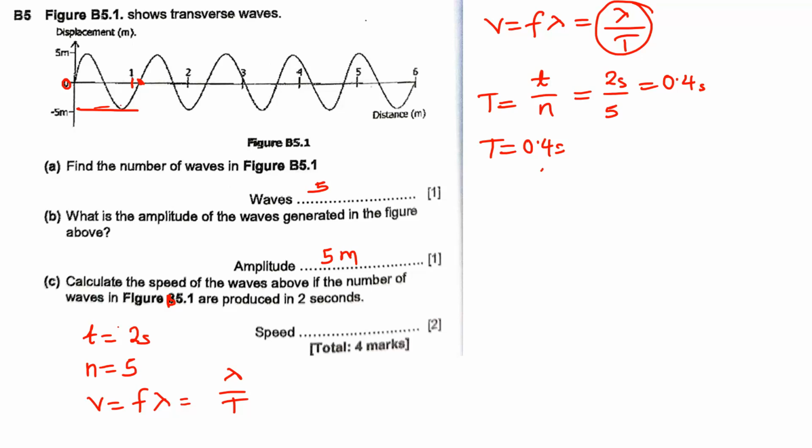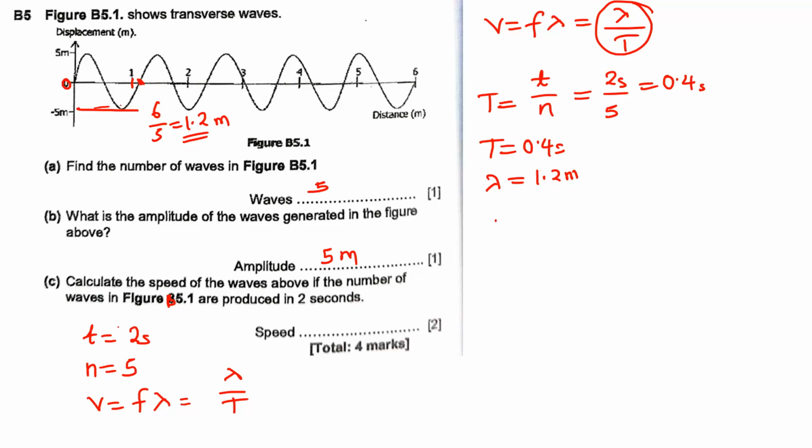So the easy way to find the wavelength here, you count how many waves are there. We said 5. And the total distance for 5 waves is 6. So you just say 6 divided by 5. This should give us 1.2 meters. So one wave, or wavelength, is equal to 1.2 meters.